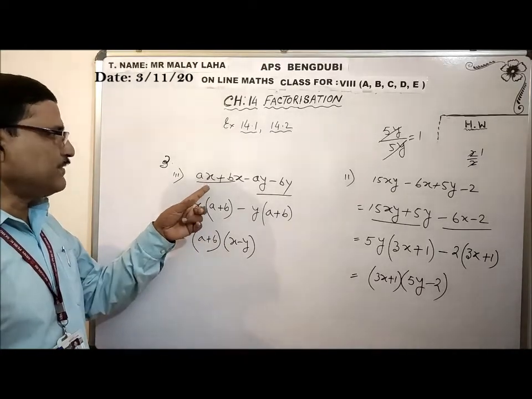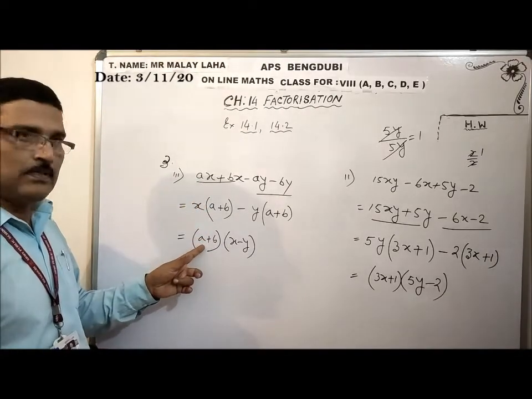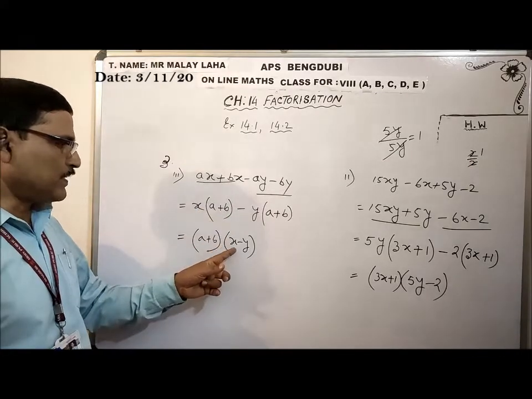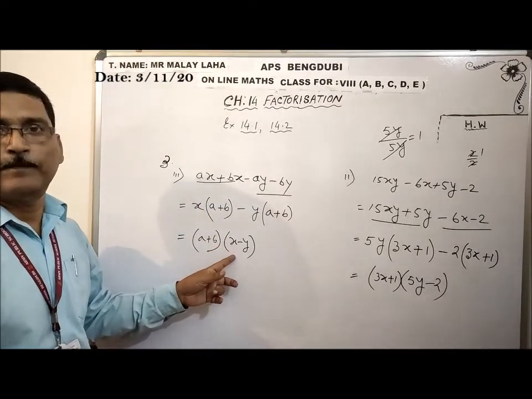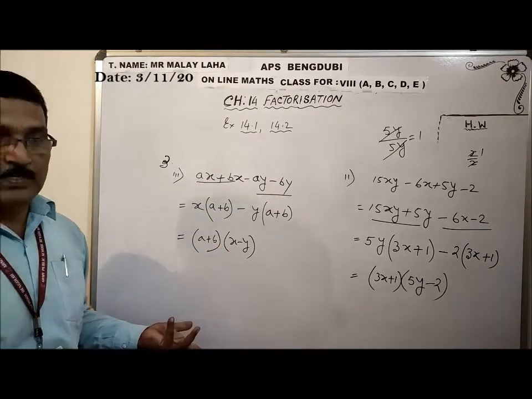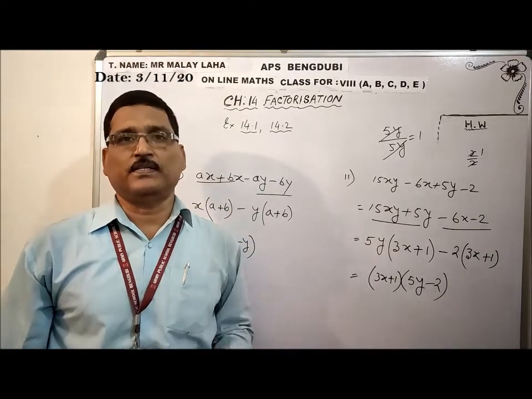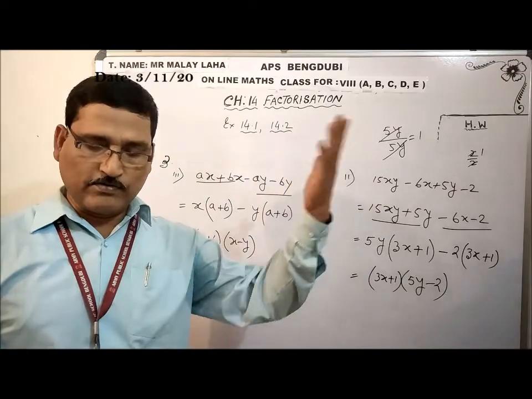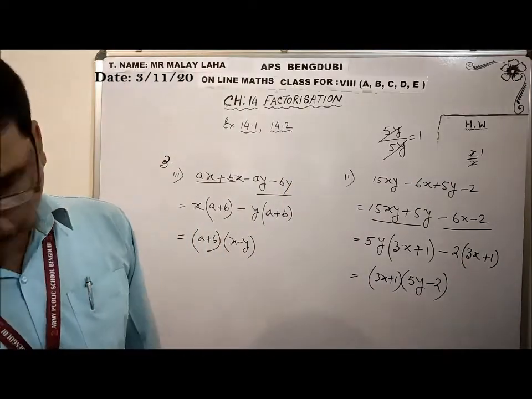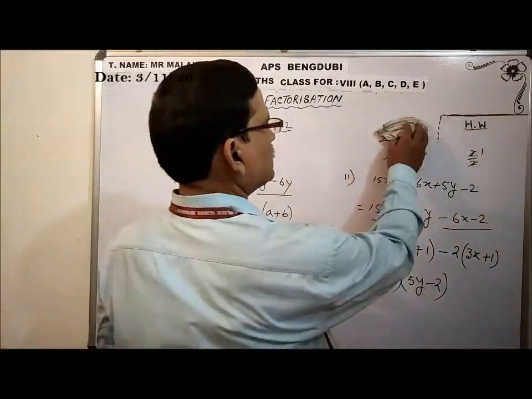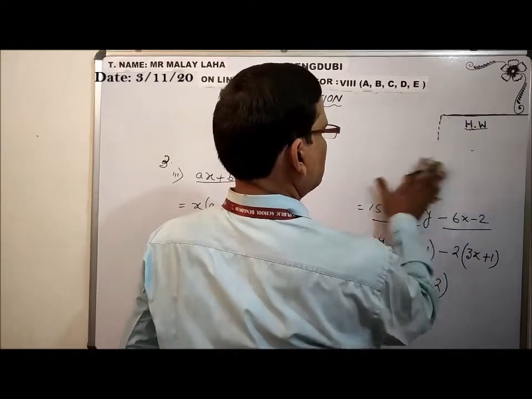That means I can divide this expression by a plus b, and I can divide this expression by x minus y. Factors mean divisors, by which it can divide completely. Okay, and how, that will come later on. Now next part.